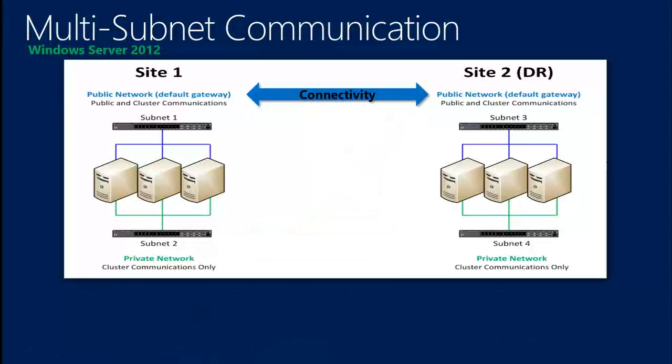Now, there is a much simpler solution, which is to use Windows Server 2012. And you'll hear very frequently that there's a perfect marriage between Windows Server 2012 and SQL Server 2012. This is one of those cases. With Windows Server 2012, if we go back to our original diagram, we take our database mirroring infrastructure where we had the single communication between the public networks.